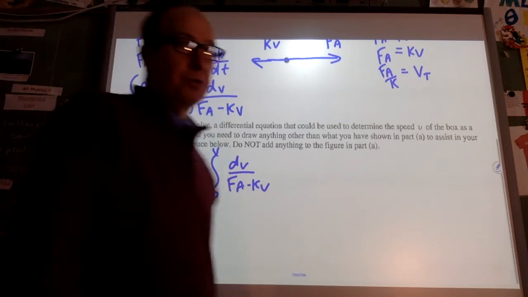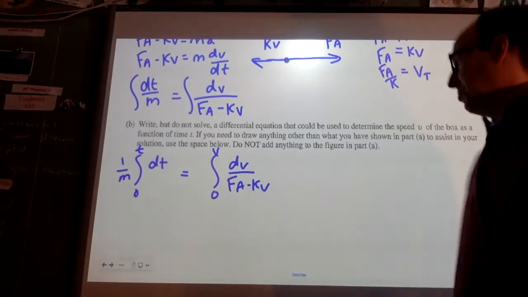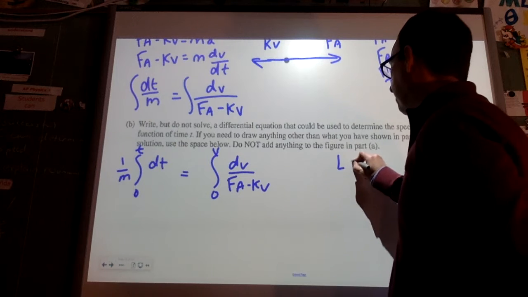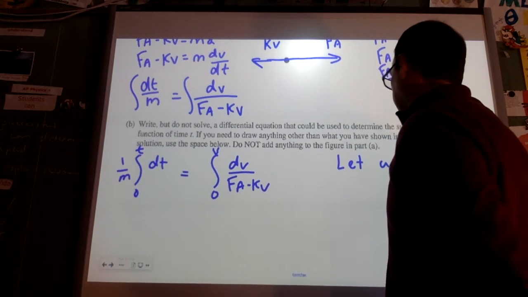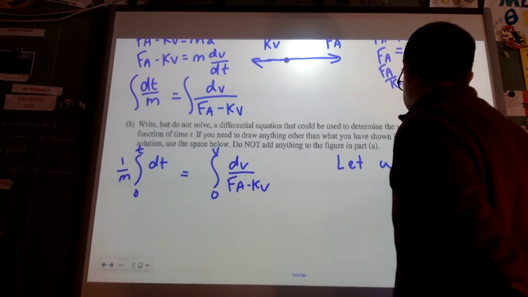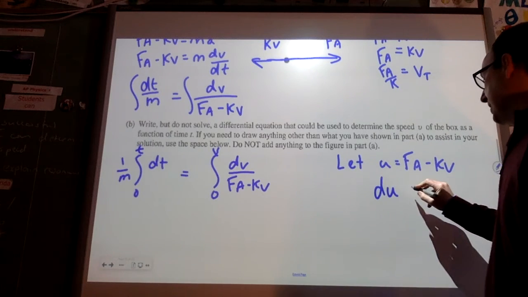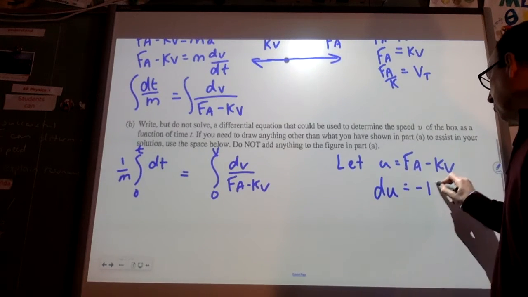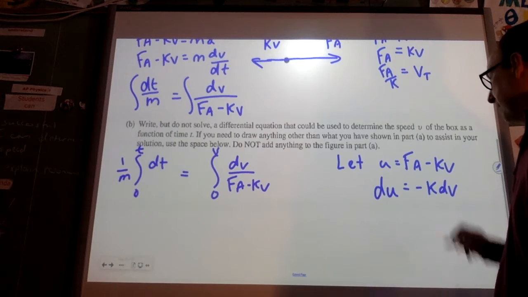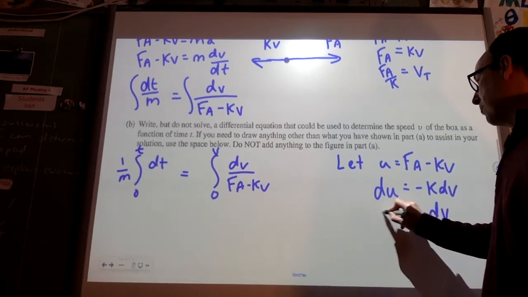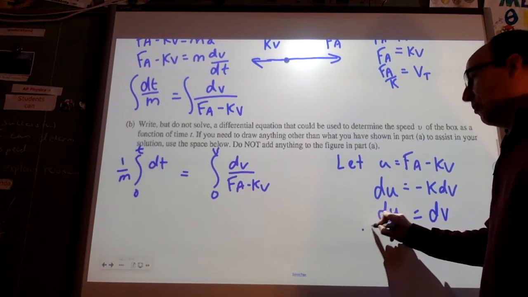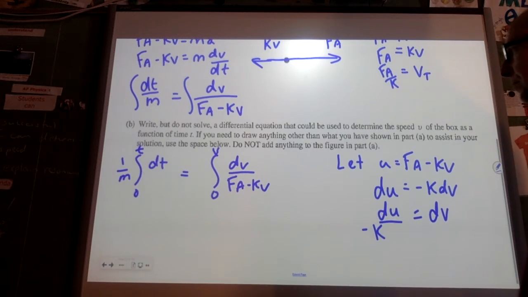So again, I'm going to do a u du substitution for this, and I'm going to let u be equal to FA minus KV. And that means that du is going to be equal to negative K dV. So that means that dV would be du over negative K.